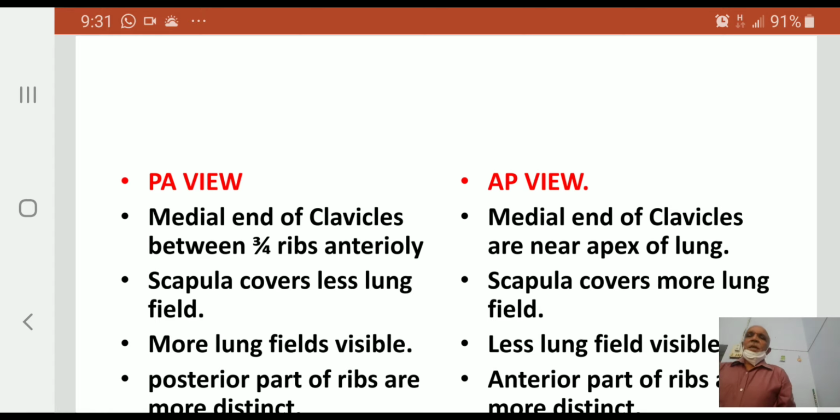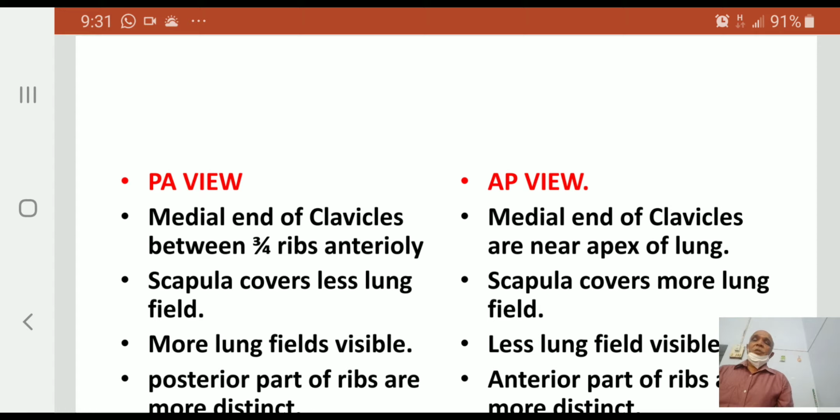Now commonly X-ray is advised in the PA view. Sometimes X-ray is taken in the AP view, when the patient is not able to sit up or stand up, or in an ICU patient. Then we take the AP view.